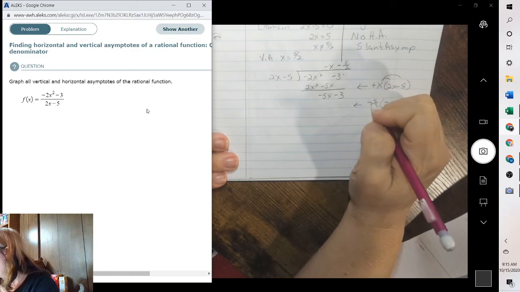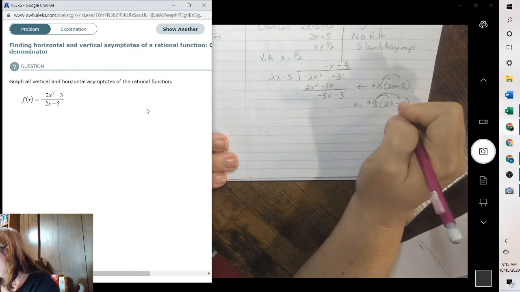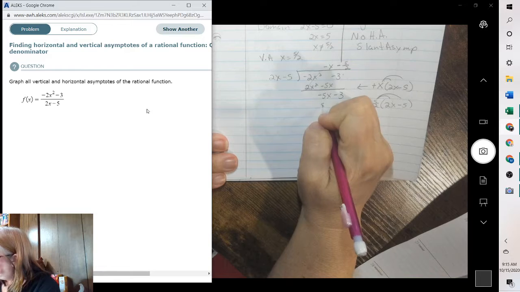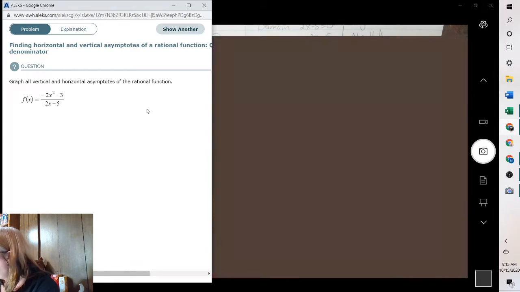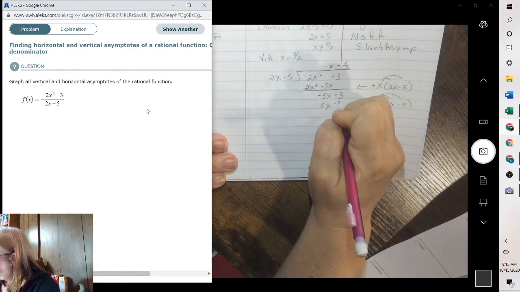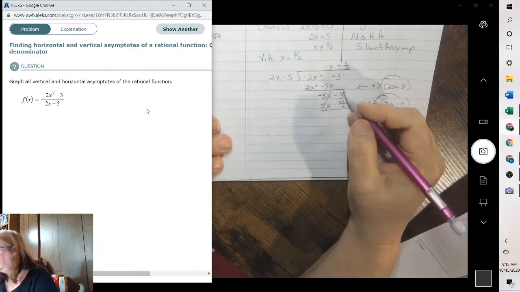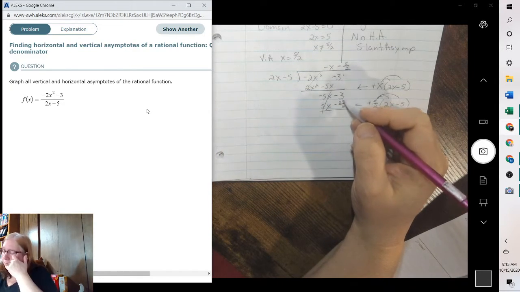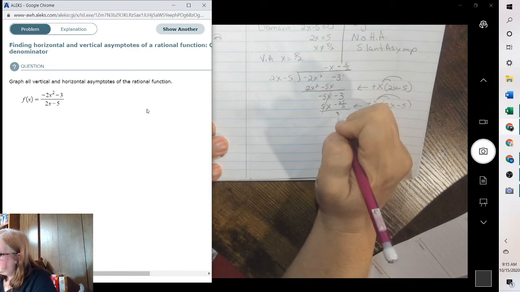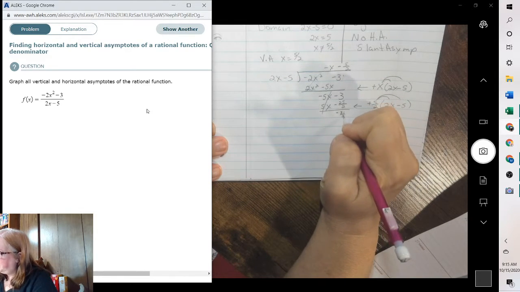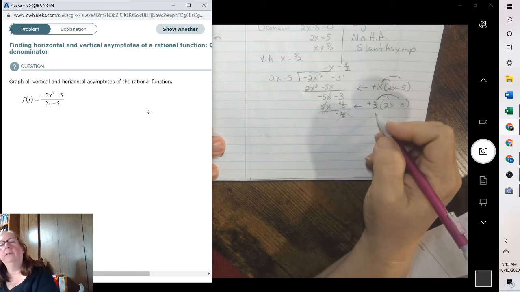Because we're subtracting, we want to change our sign and then distribute. And you have 5x minus 25/2. This cancels. If you wanted, the remainder is -31/2, but the remainder we don't worry about.